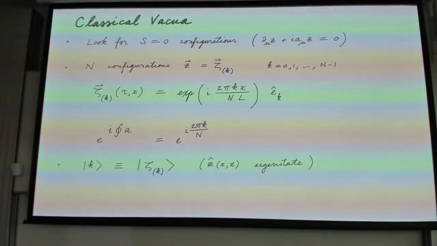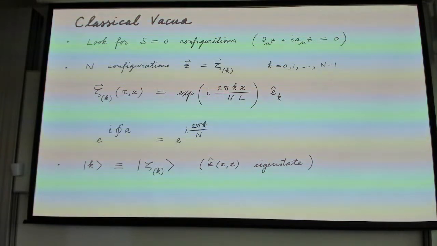Okay, so I'm just going to explain some technicalities very briefly about this kind of boundary condition. So, what are the classical vacua? The first thing I want to do is a semiclassical analysis in this setup, so I have to figure out what the classical ground states are. We look for zero action configurations, and there turn out to be n of them.